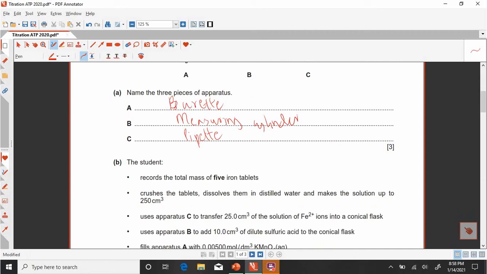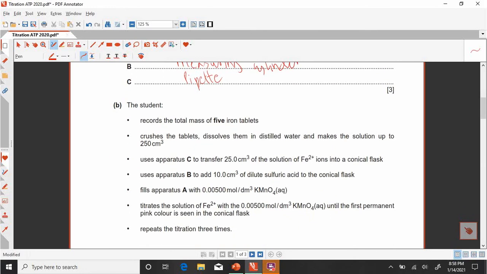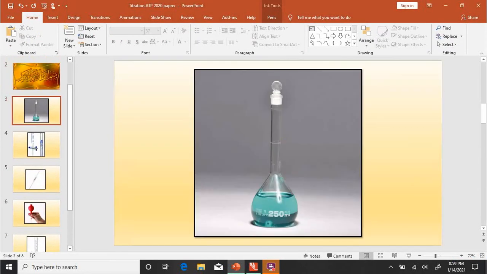Now look at the second portion. The student records the total mass of the 5 iron tablets. First of all, he crushes all the tablets and dissolves them in distilled water, and then makes the solution up to 250 cm³. As I told you, the apparatus used for preparing the solution is the volumetric flask.